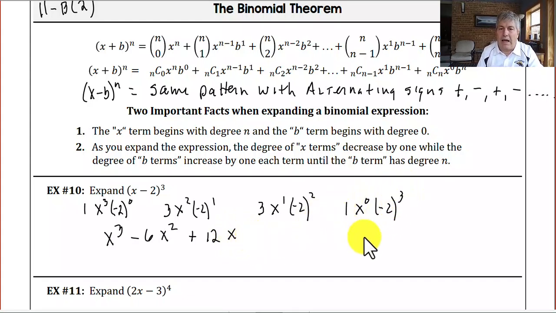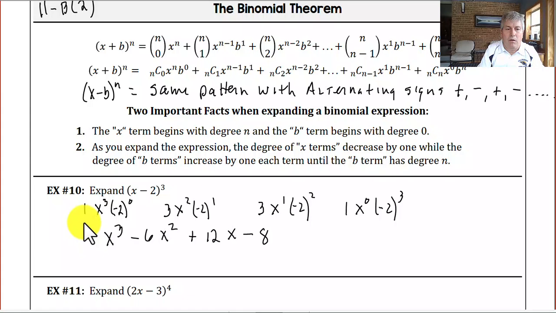And our last term: negative 2 cubed is negative 8, times 1, x to the 0 is 1, and we get minus 8. So we've got our alternating signs. We've got our 3rd degree polynomial that has 4 terms, and that is our binomial expansion.